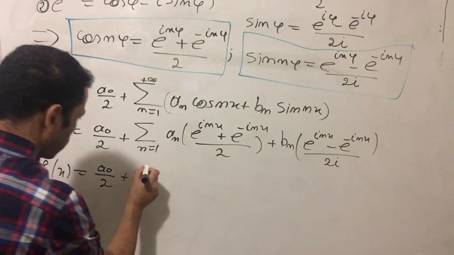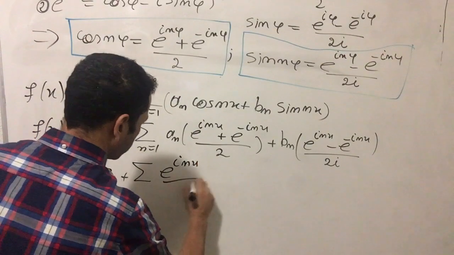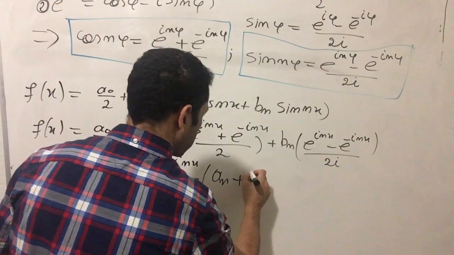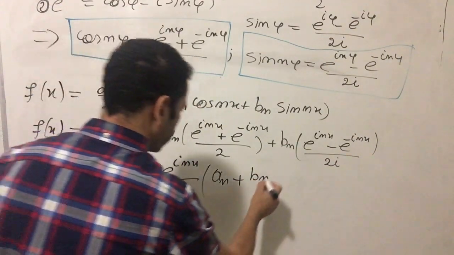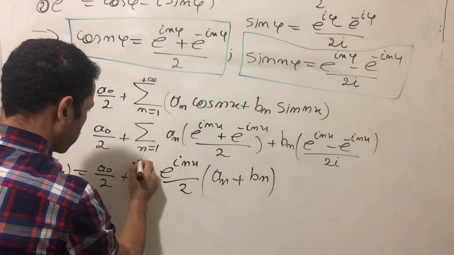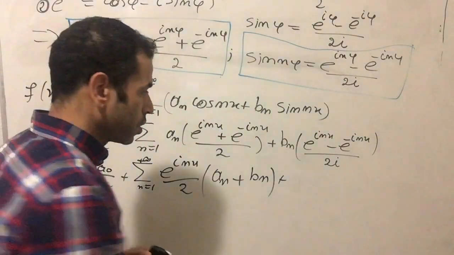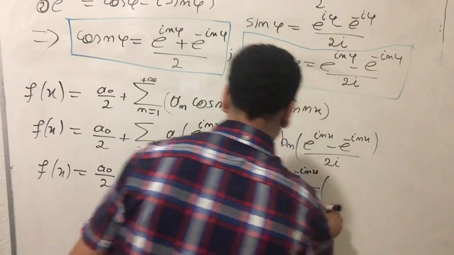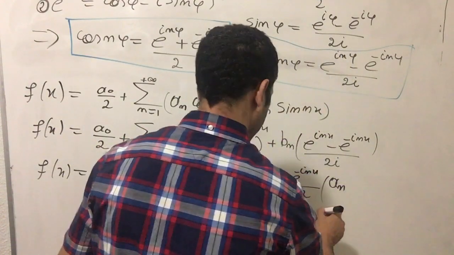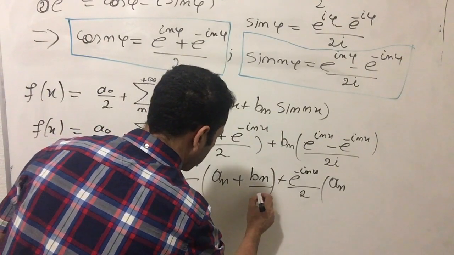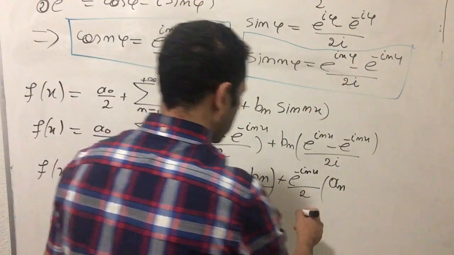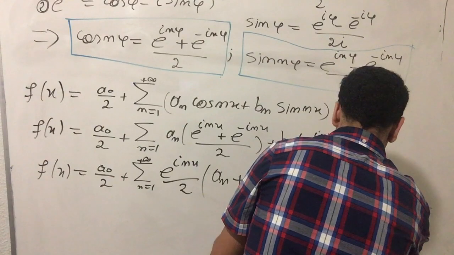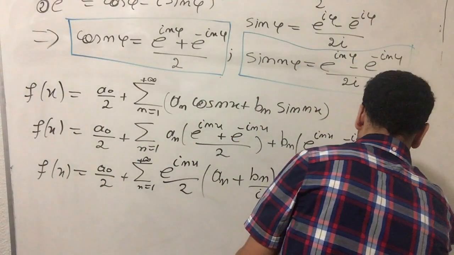So I will have e to the i n x over 2 multiplied by a sub n plus b sub n over i, as n goes from 1 to plus infinity, and plus e to the minus i n x over 2 multiplied by a sub n minus b sub n over i.